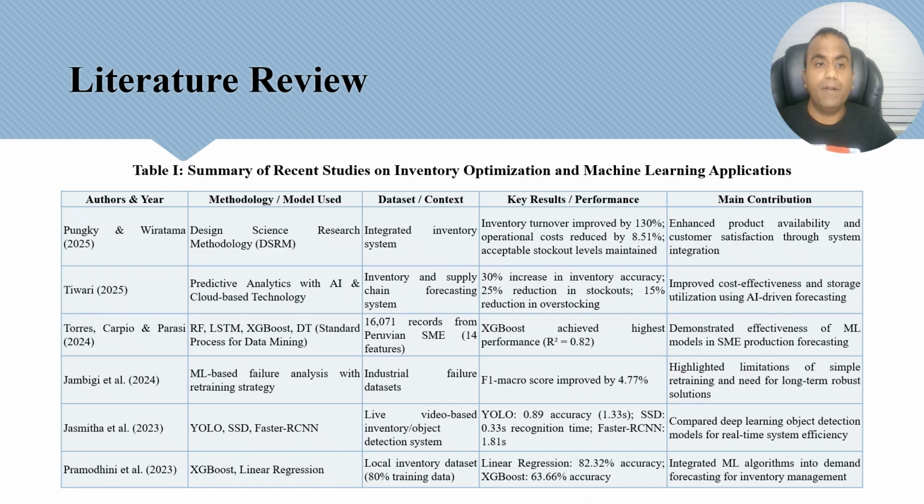So I have compared a summary of studies based on inventory optimization and machine learning applications. There are different studies available that I compared, which focus on different algorithms and different types of planning or inventory optimization, like XGBoost, DSRM, YOLO, SSD, Faster RCNN, machine learning-based failure analysis with a retraining strategy, and XGBoost with linear regression.